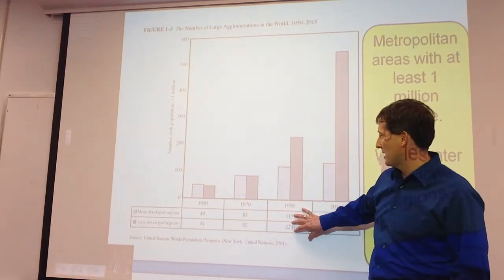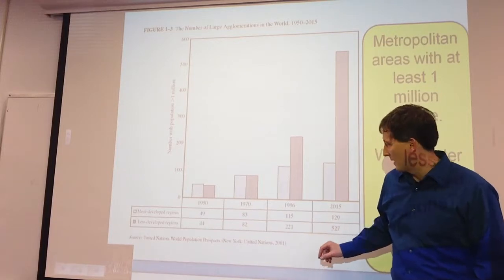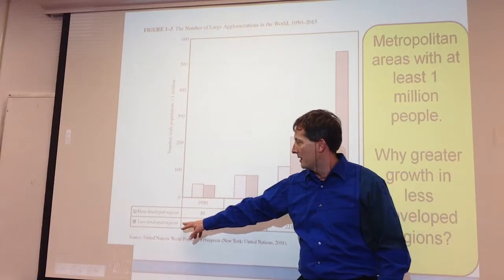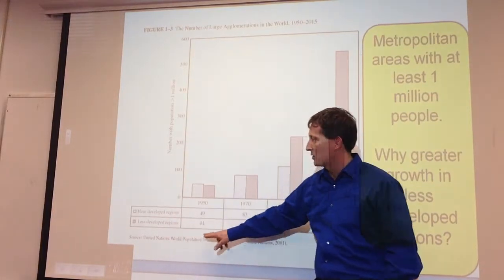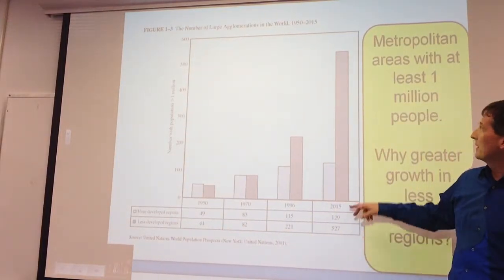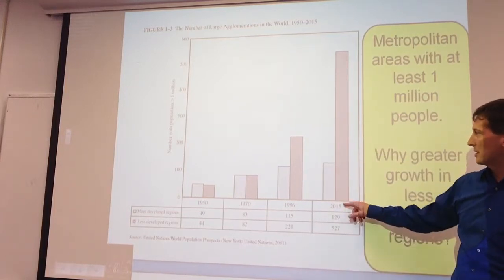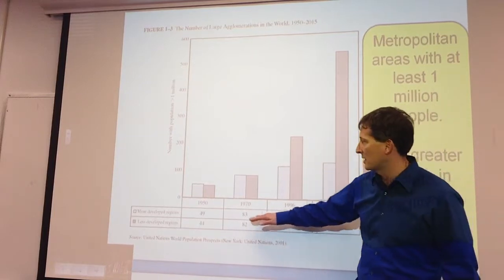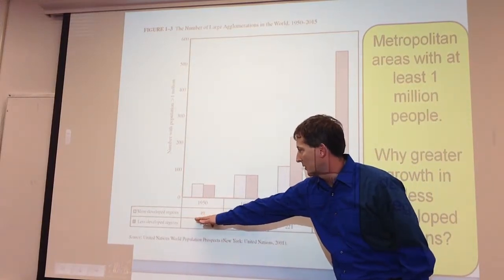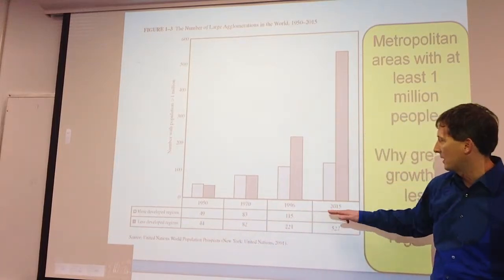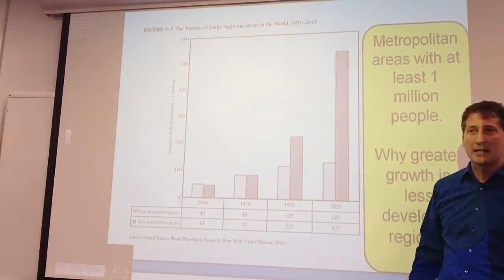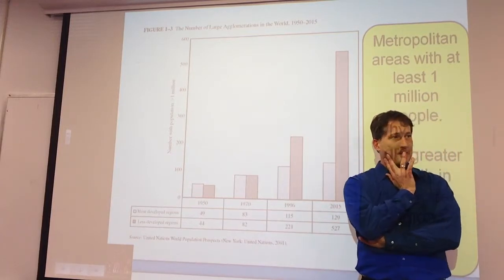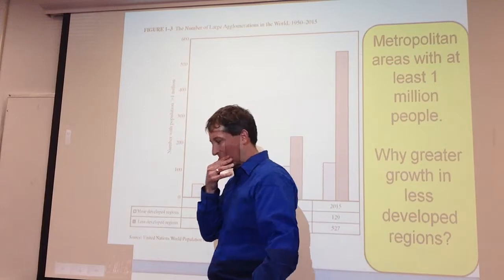And then as we travel through time, we end up having it be a little lopsided, with the number of cities with populations of 1 million being much higher in less developed regions as opposed to more developed regions, although the more developed regions continue to add cities, right? So as we go through more developed regions, 49, 83, 115, 129, so they're going up, but one's going up more. Just a guess, I don't know the exact statistics on it from sociology, but I'm going to guess.